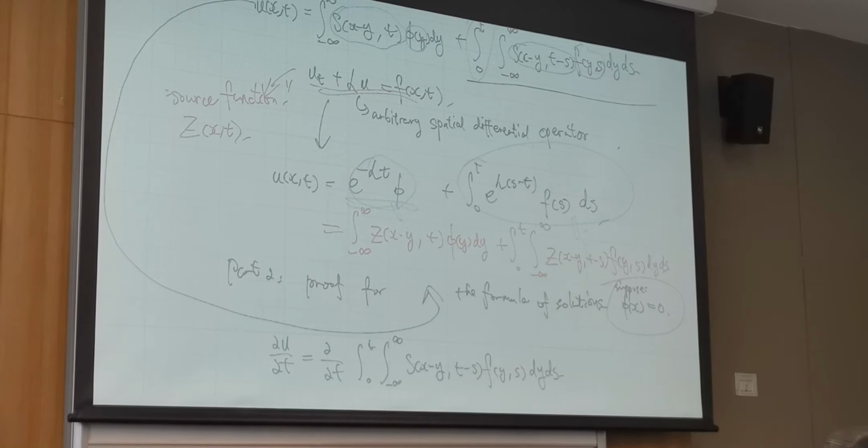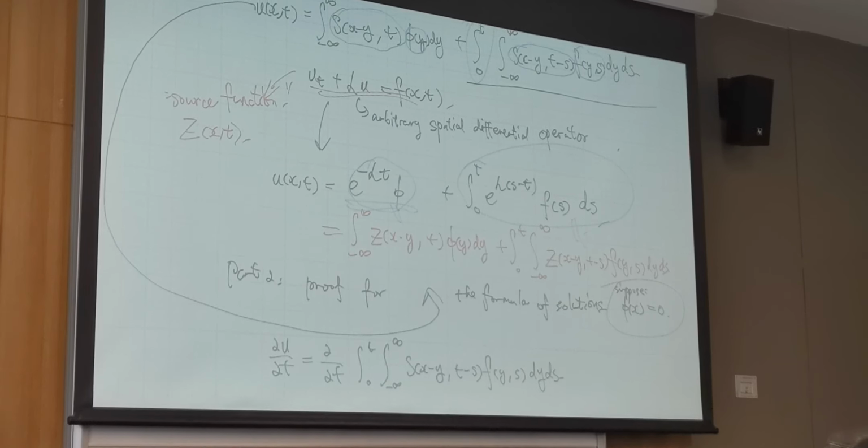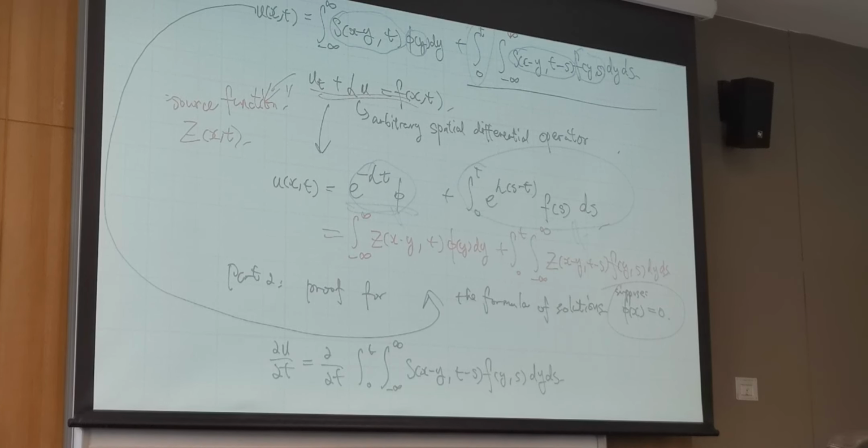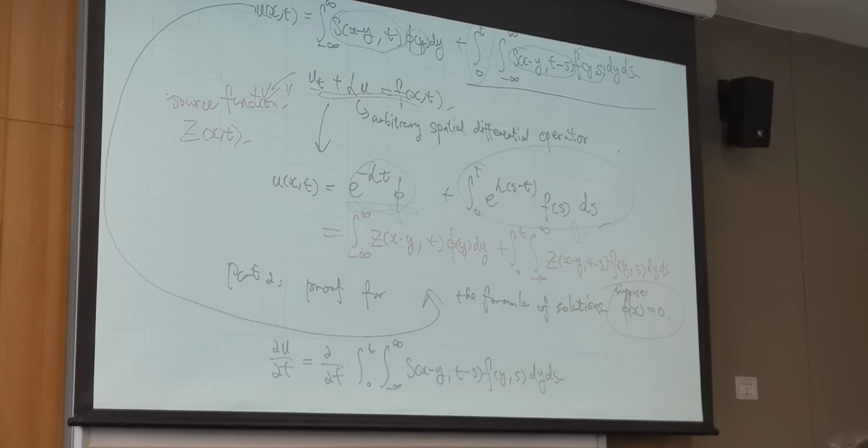As I have said many times in this class, we are eligible to switch the order of differentiation and integration as much as we want. My question is the following: can we do exactly the same thing right here? Can I simply switch the order of the partial t and the following two integrations, and then happily differentiate S directly?